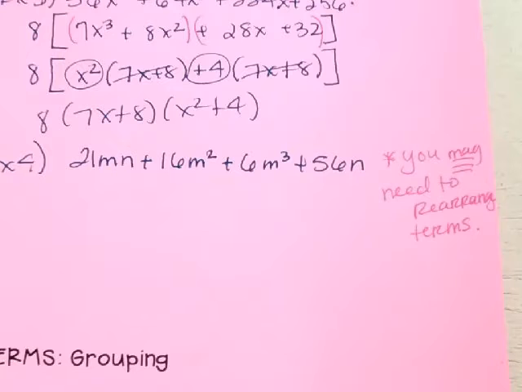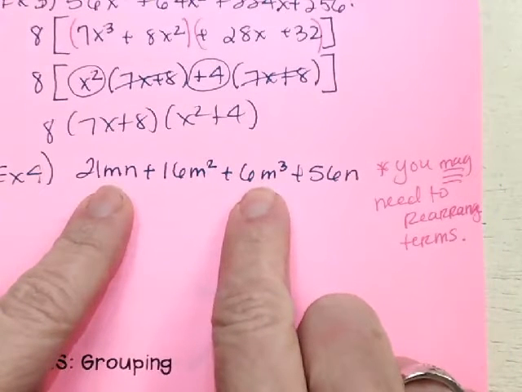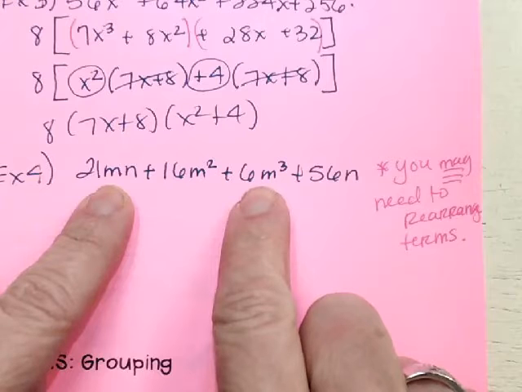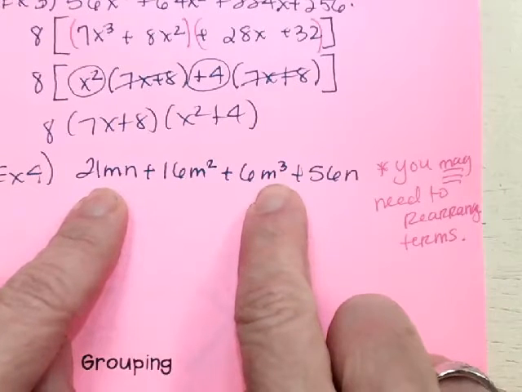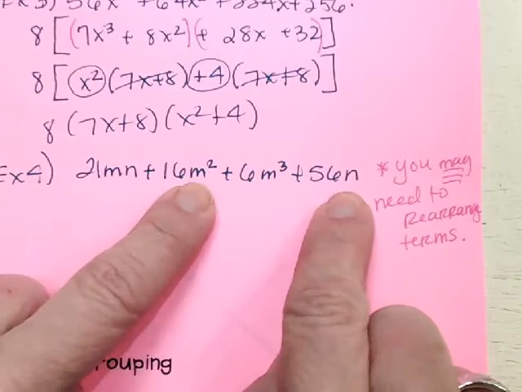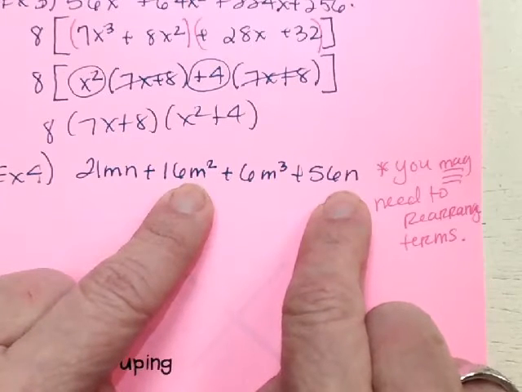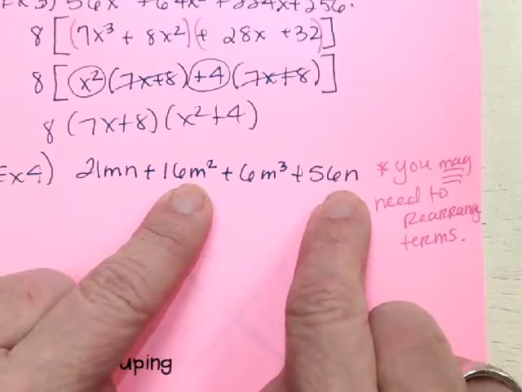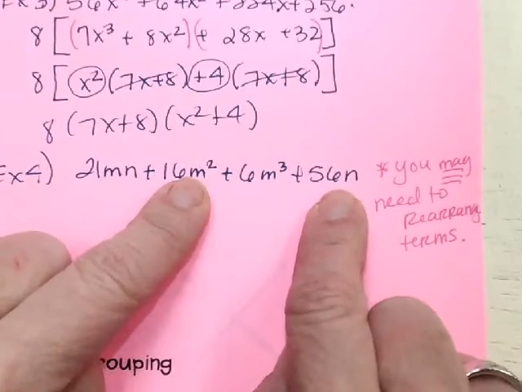You may have more than one possibility, but the thing that I'm seeing is the 21 and the 6 have a 3m in common, and that's going to leave me with an m squared and an n, and these two things have an 8 in common, and that's going to leave me with an m squared and an n. So that's probably going to be my best bet.